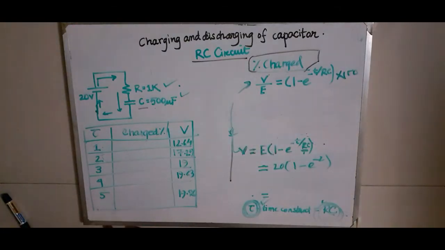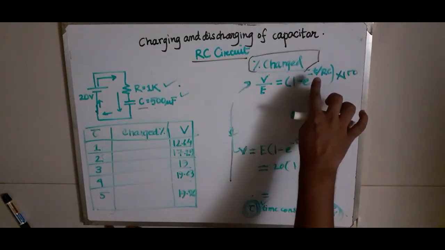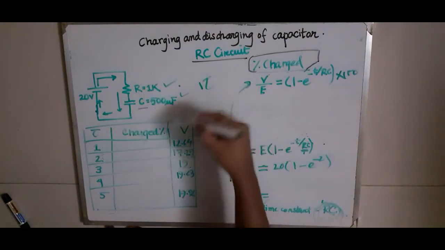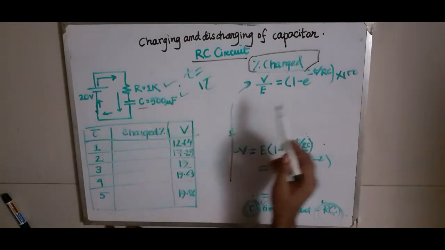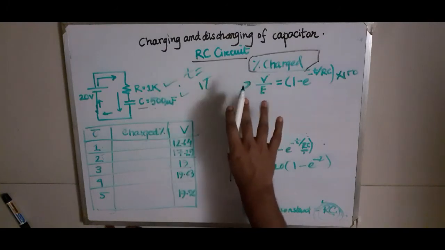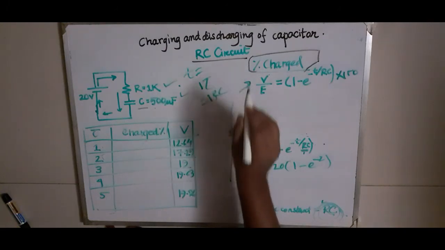So if I ask you how much is charged after one time constant, what should you write? After one time constant means t is equal to 1 tau. So instead of t, you replace this with 1 tau, and tau is nothing but RC.